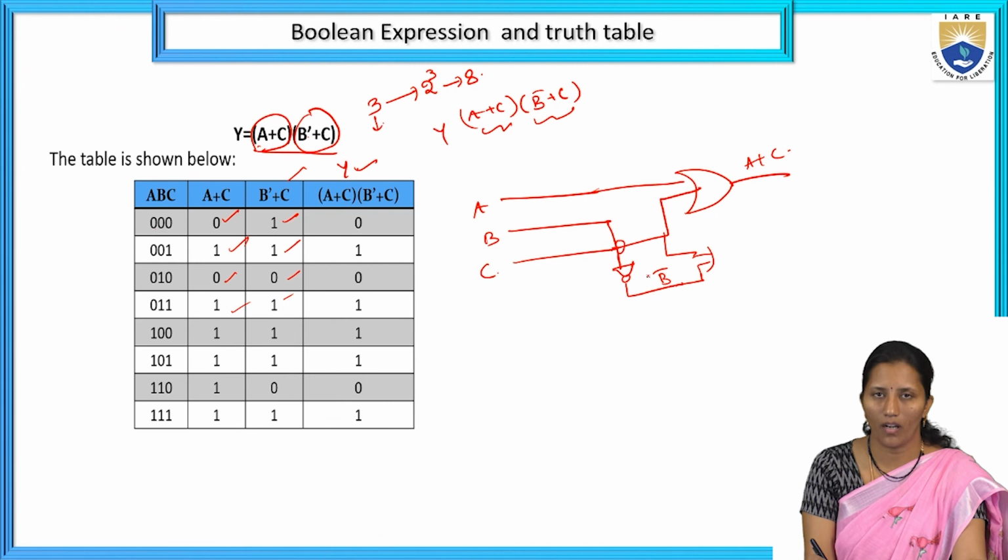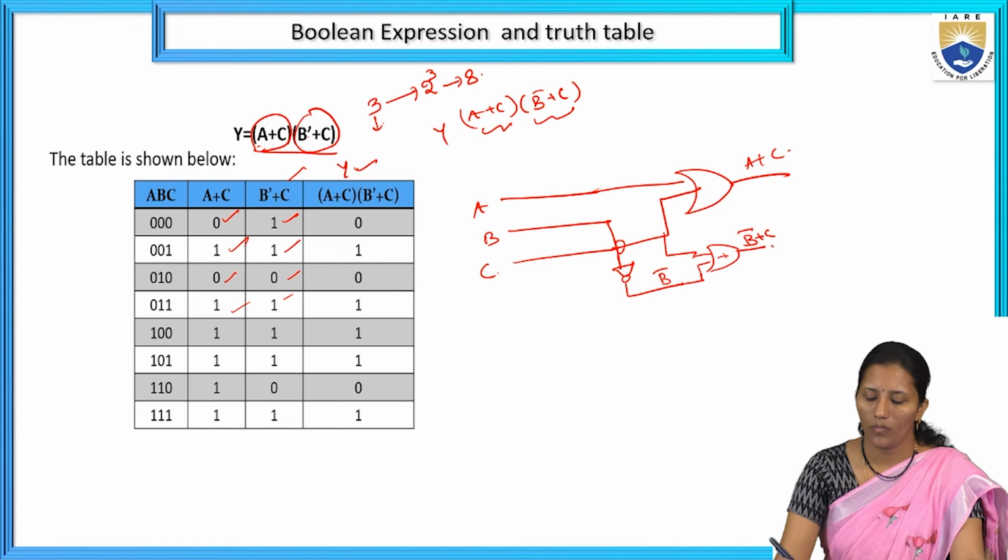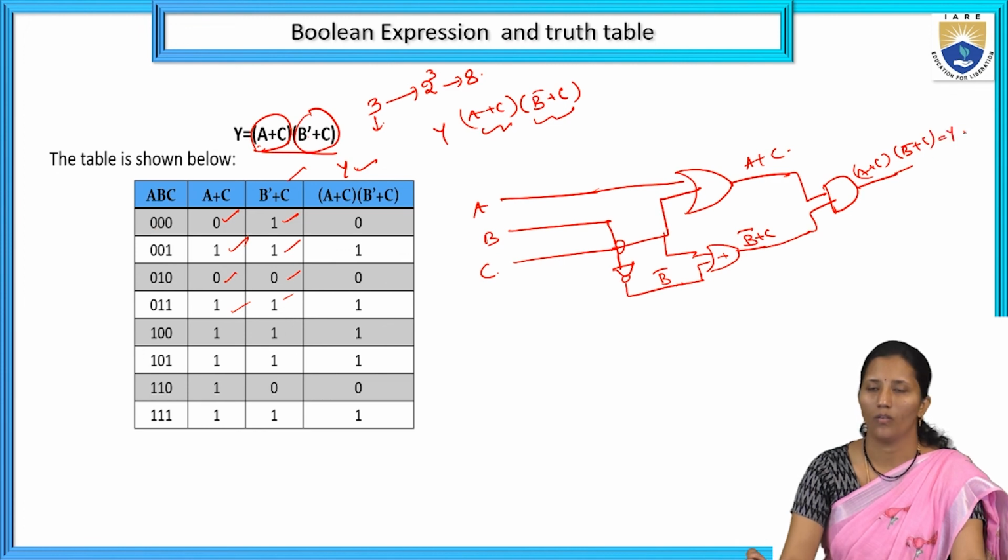B is given to the NOT gate and we get B bar. To get B bar plus C, we give that to the OR gate, and here we get B bar plus C. Then both A plus C and B bar plus C are multiplied, so we use the AND gate. Here A plus C and B bar plus C are multiplied, and that is our final output.